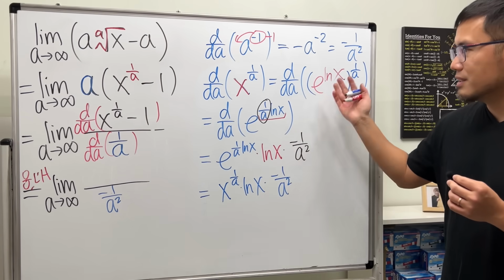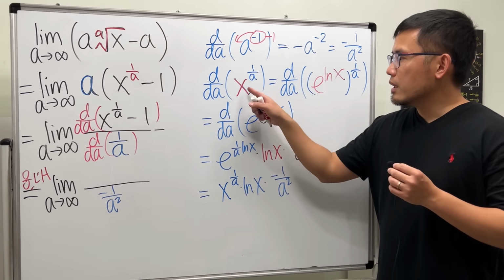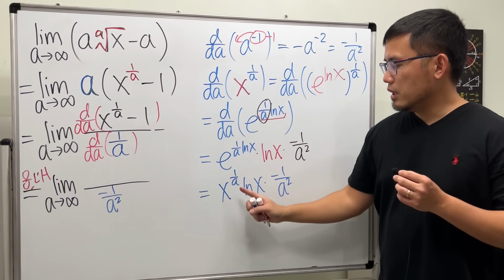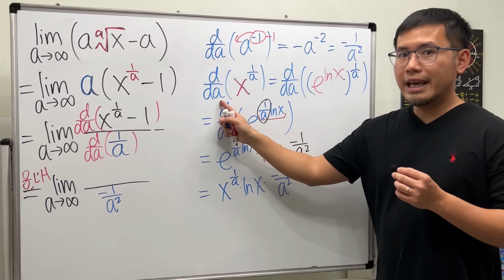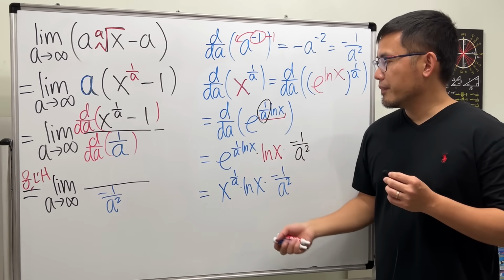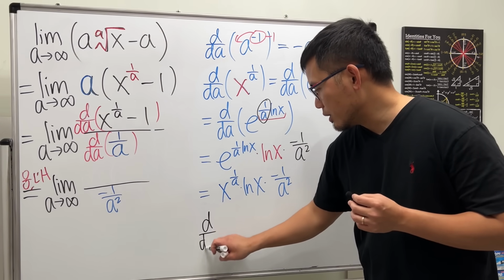So it's because of this. You can go from here to here, and just have to remember, you keep this, because this is kind of like an exponential function in the a world, and you will multiply by ln of the base, right? So the formula that you can use is this.